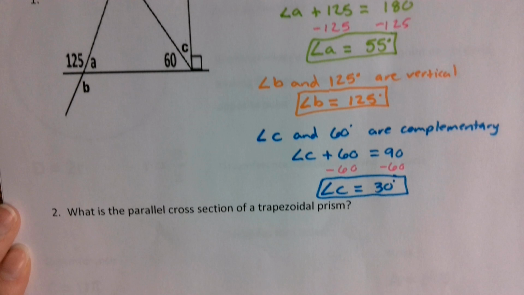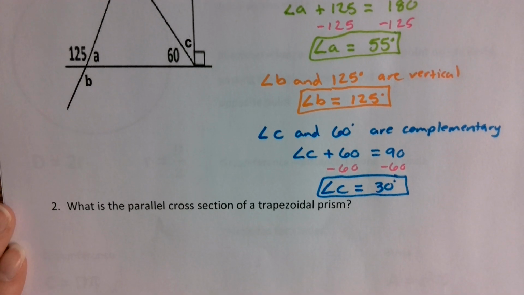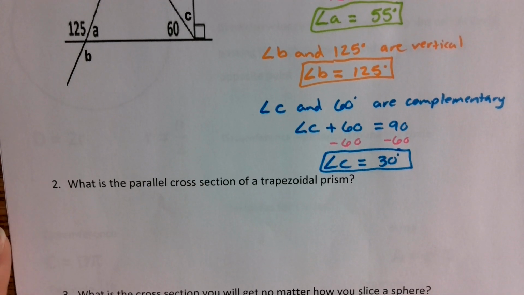All right, if we take a look at problem number 2, what is the parallel cross-section of a trapezoidal prism? I don't even have to draw it. I just have to remember my rule. My rule for parallel cross-sections, no matter what the shape is: a parallel cross-section is always going to be what?